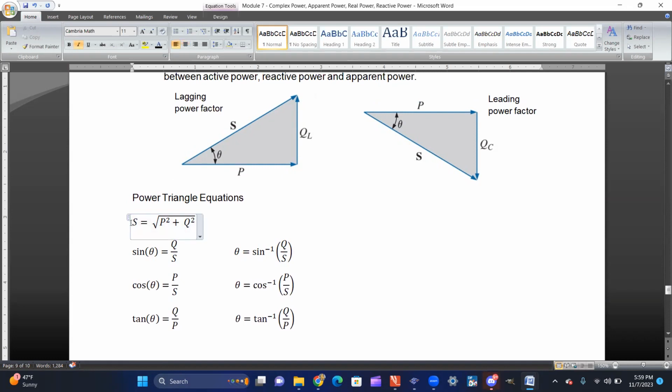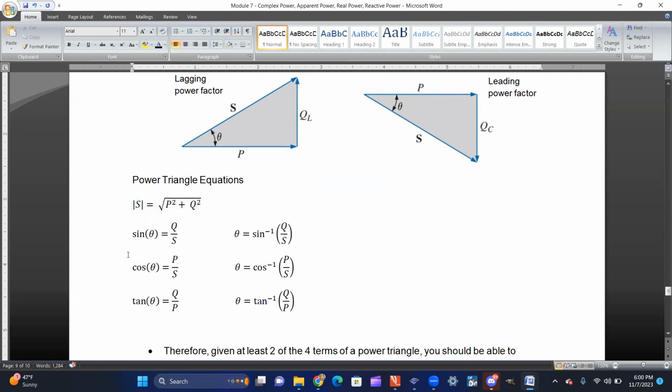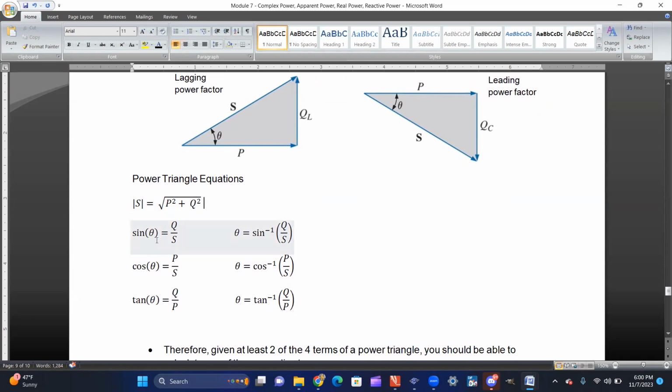So if you want to solve for your apparent power, which needs to have some vertical bars right here, you can take the square root of your P squared plus Q squared, your average power squared plus your reactive power squared, and you can get your apparent power. All right, and the same thing if you know your angle.